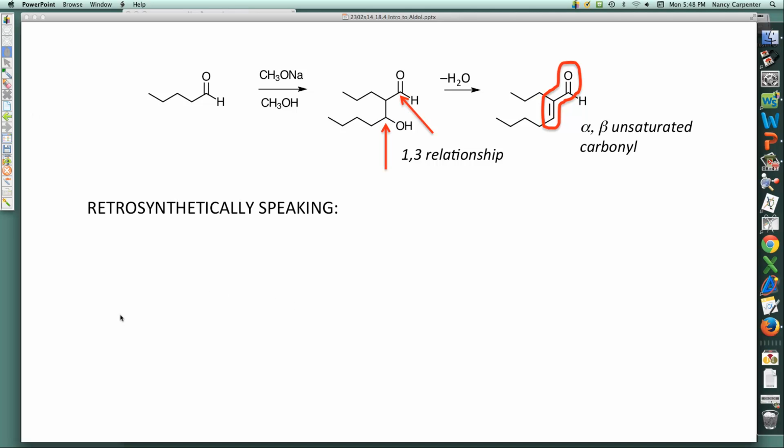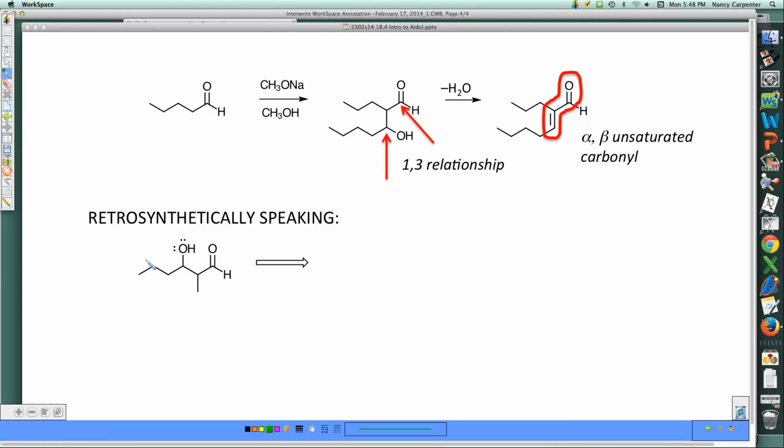So, retrosynthetically speaking, the aldol opens up a world of possibilities because it makes new carbon-carbon bonds and pretty handy functionality. When I see this 1,3 relationship, what I'm going to do is think, oh yeah, okay, I could punch that pair of electrons back in here and kick that guy out as an enolate.